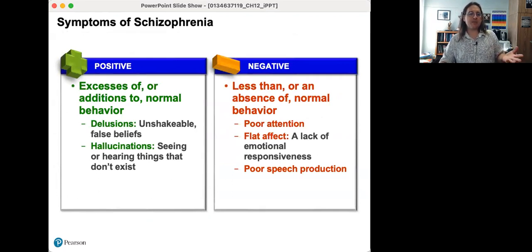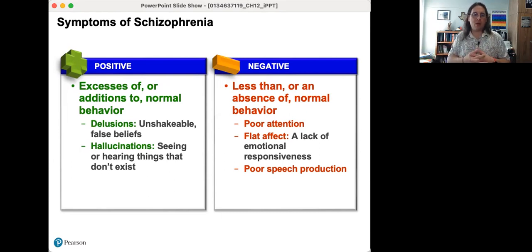Positive symptoms are, I don't want to say cool, but I want to say less harmful, less intrusive. So delusions, unshakable false beliefs. They believe exactly what it is that they're going through or what's happening in their lives. And hallucinations, seeing or hearing things that don't exist, that's not a problem in and of itself.